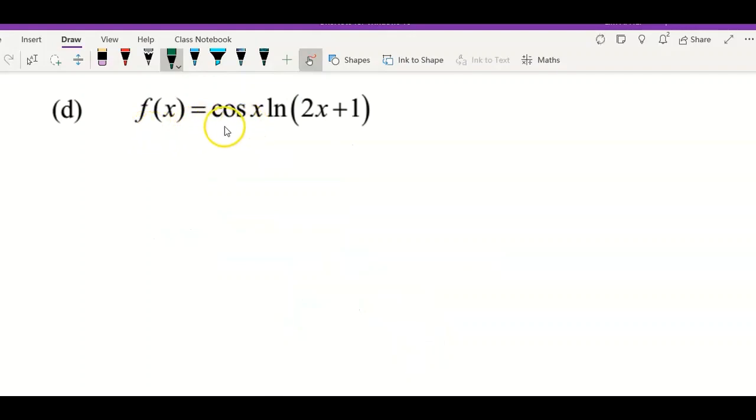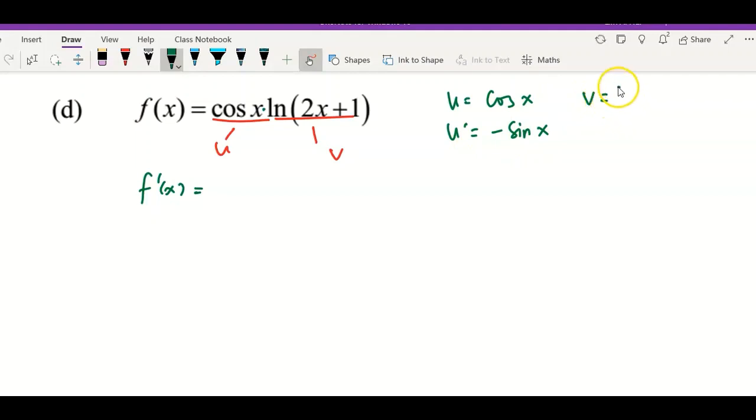For the last question in this video, it is cos x multiplied by log of 2x plus 1. Again, this is a cos function multiplied by a log function, and we take these as u and v. Again, we are going to apply the product rule because the operation between these two functions is multiplication. Then find your f prime x. Get your u and u prime. U will be cos x, and u prime is negative sine x. V equals log of 2x plus 1.